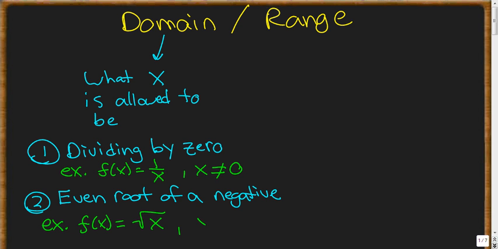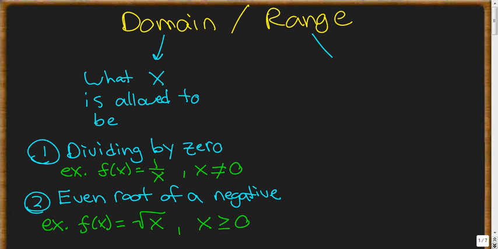In this case, x cannot be less than 0. Or what you might say is that x has to be greater than or equal to 0. So this is limiting your domain. You no longer have access for your function to numbers that are less than 0.